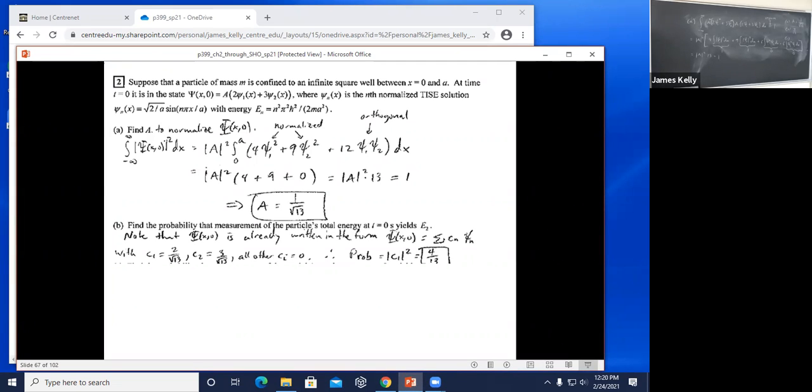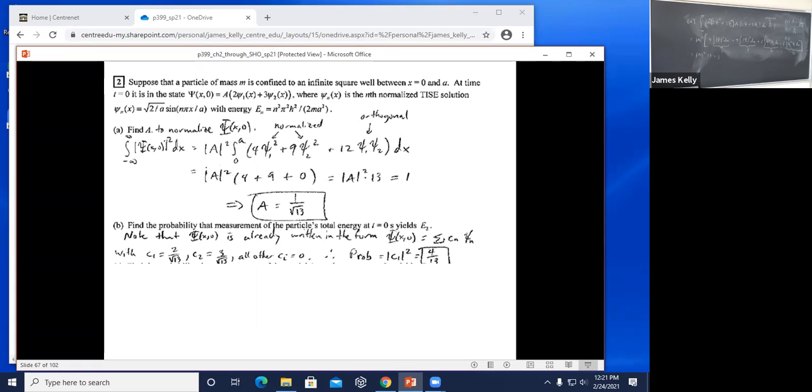What about B now? Well, okay, so B is asking, find the probability that measurement of the particle's total energy equals E2. So we now know Griffiths is telling us, without so much justification, that's the magnitude of C2 squared we need to calculate. Now, what you need to realize is that I can read the C's off of this, right? C1 is whatever's in front of psi 1 up here at that initial time. So it looks like 2A is what's in front of psi 1, right?